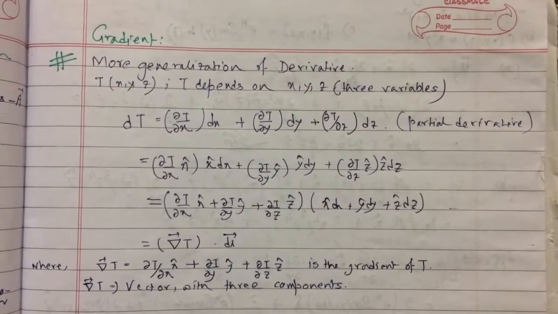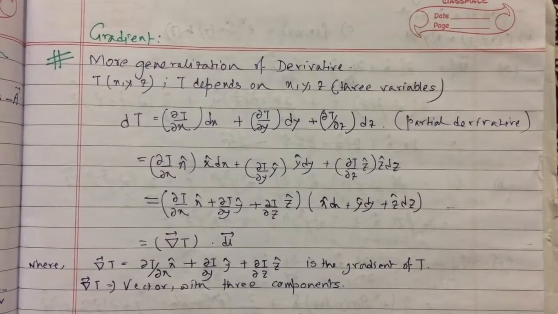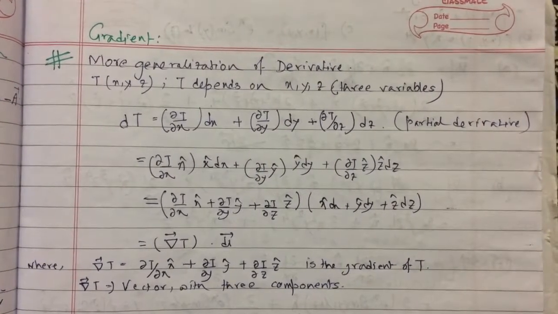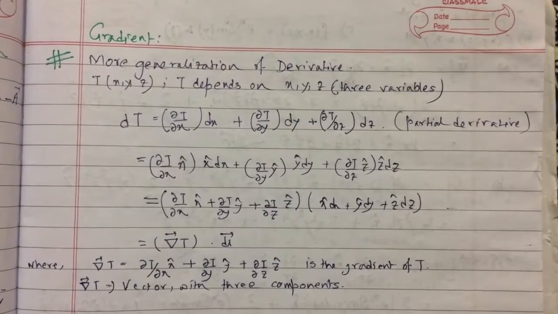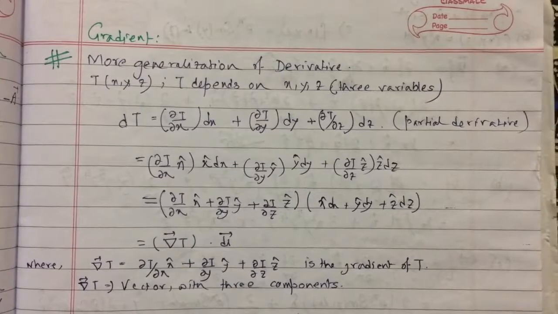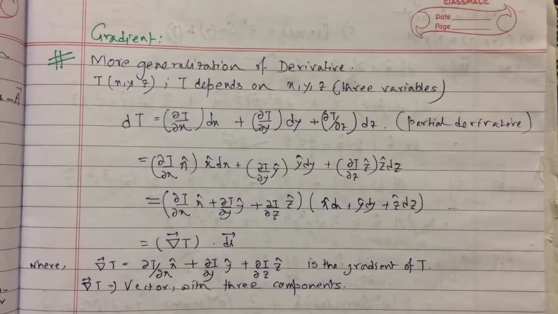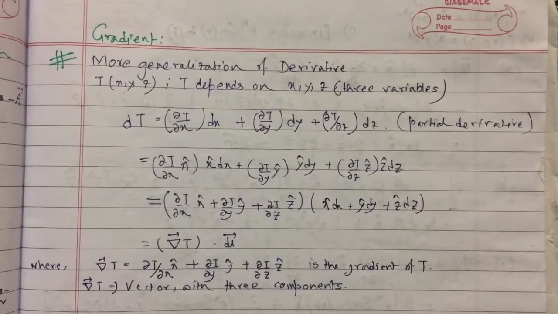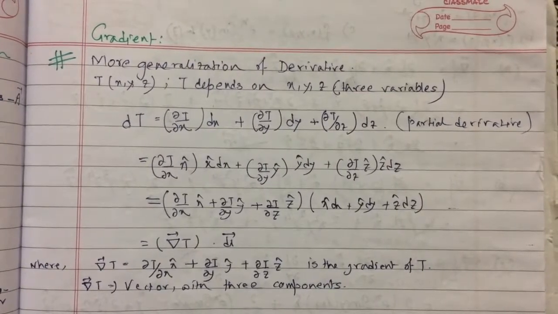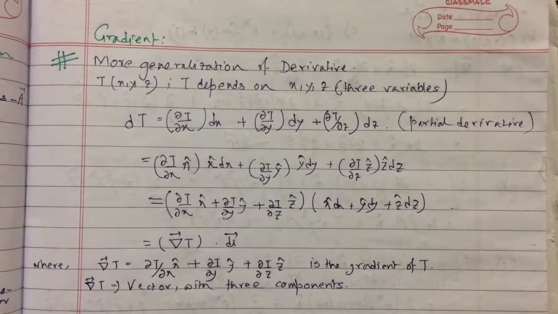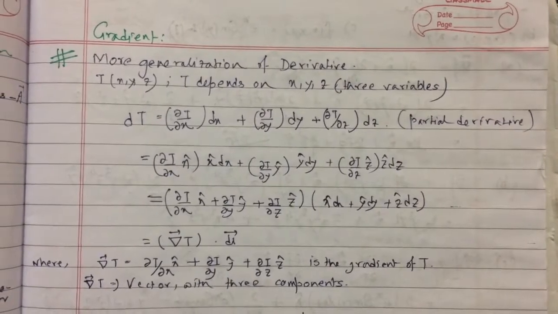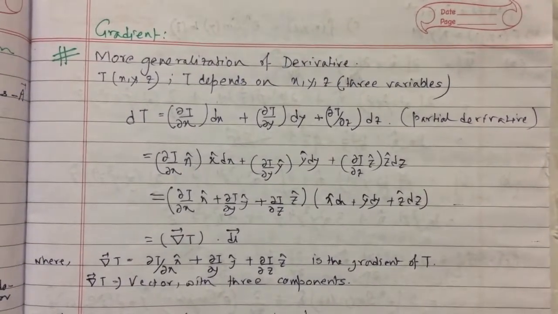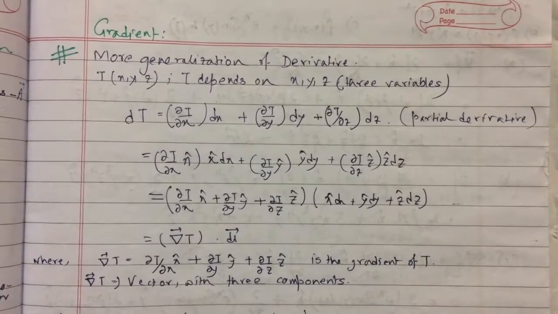Now a derivative is supposed to tell us how fast the function changes if we move a little distance. So this situation is now more complicated, because for every value of x, y, z, for the entire room we have lots and lots of values of the temperature.